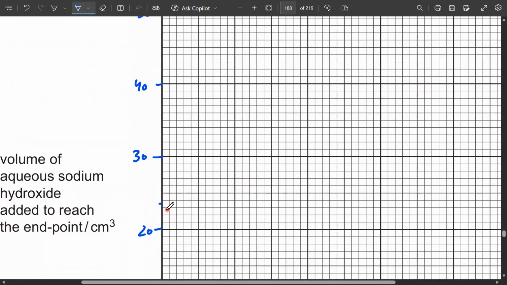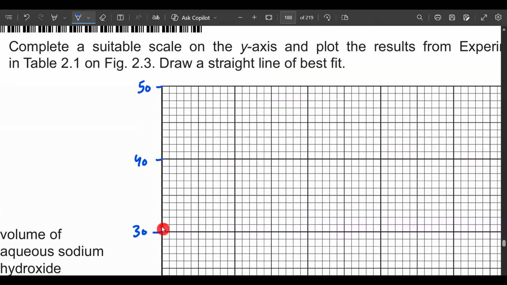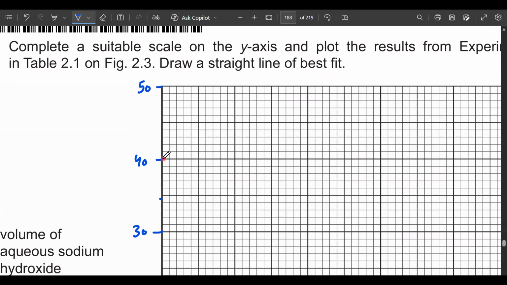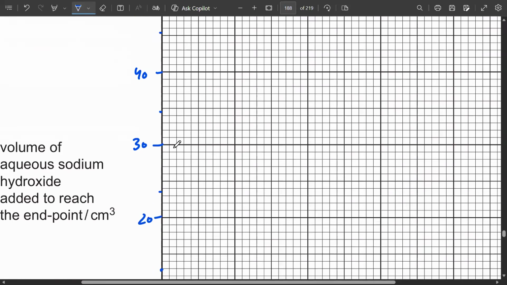And then 34.6 and 40. Thirty-four point six will be somewhere here. And then 40 is just on the line, and the next one is 45.5. So this is 45, and this is in the middle of this value. So I've just labeled the y-axis values.